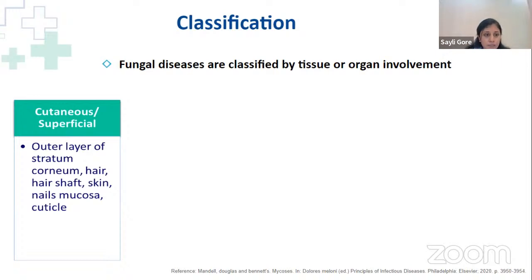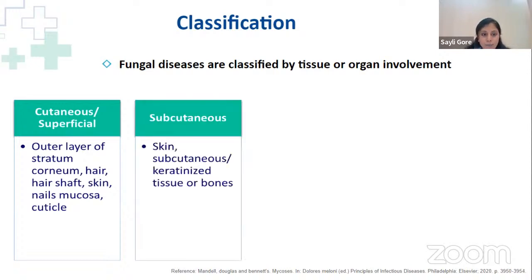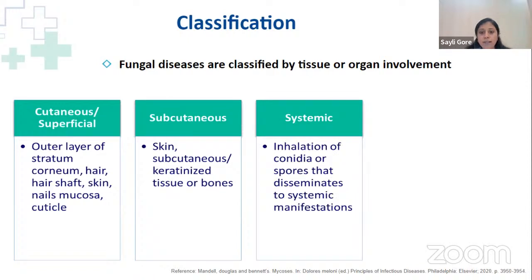Cutaneous infections are superficial and affect only the outer layer, the stratum corneum, hair, skin, or even the nail cuticles. Subcutaneous infections affect the keratinized tissues or bones. Systemic infections usually occur through inhaling conidia or spores, which can disseminate as a systemic manifestation.